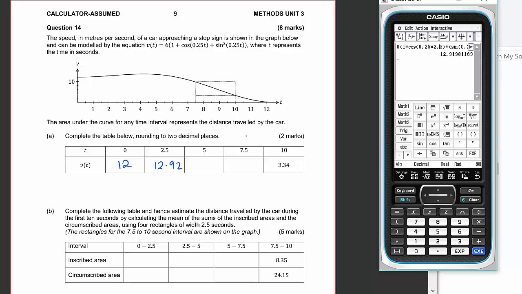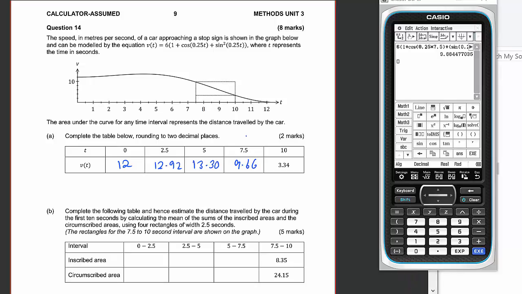Then we need to change to 5. That's 13.30, and then finally 7.5. And make sure we change that in both places. That gives us 9.66.